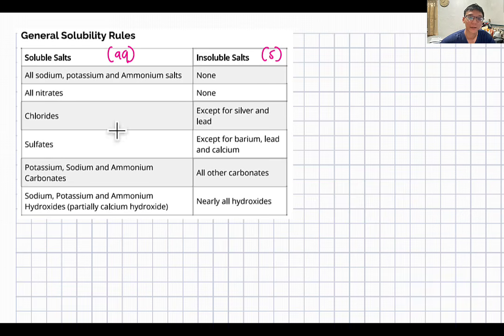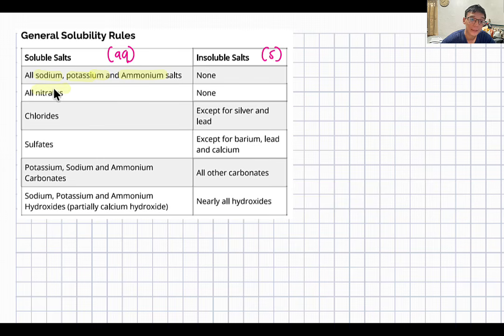So how can we identify? Here we see that soluble salts are all sodium, potassium, and ammonium salts. So actually, if you find sodium with anything, sodium chloride, sodium nitrate, sodium sulfate, or also potassium, they will also be soluble or aqueous.